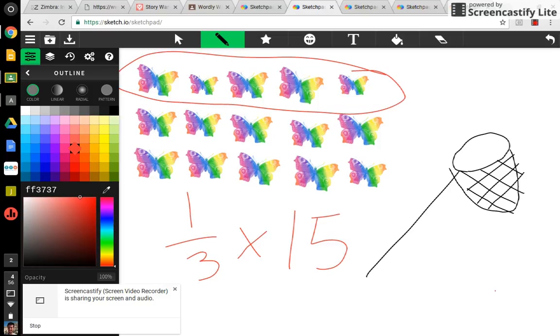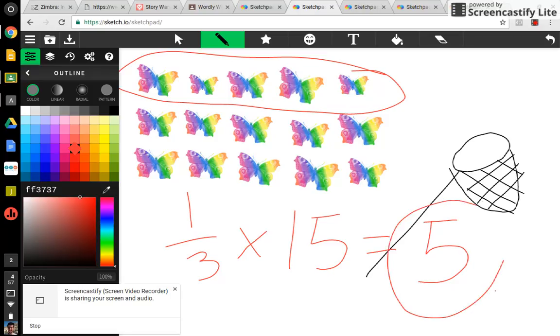That means that we're looking at 15 as our whole, and we are looking at 1/3 of this. So another way to think about this is by dividing this into 3 groups, and we are taking one of them.